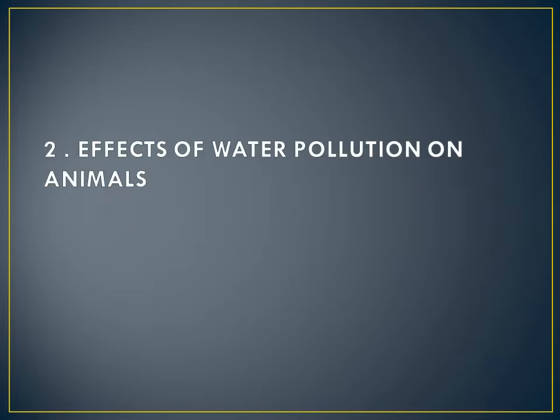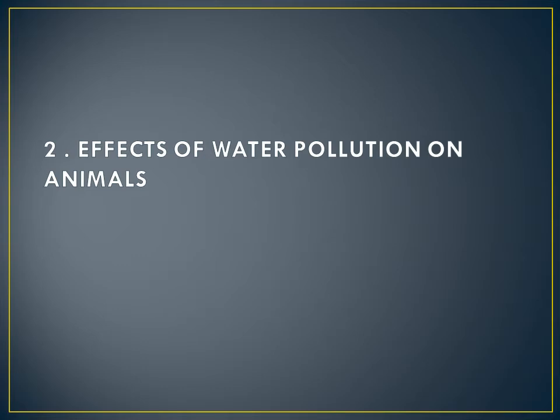Number two, we have effects of water pollution on animals. What problem is polluted water going to cause to animals? Pupils, human and animal wastes may lead to waterborne diseases such as cholera, typhoid, bilharzia, and dysentery.